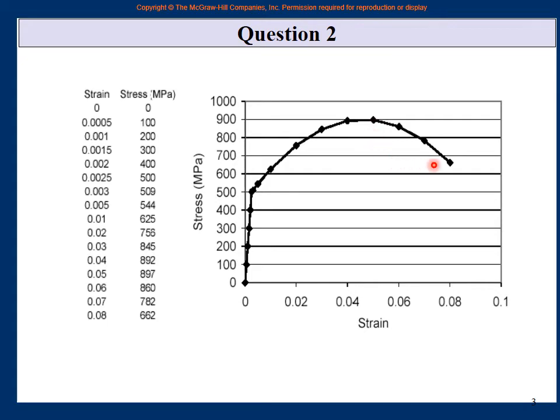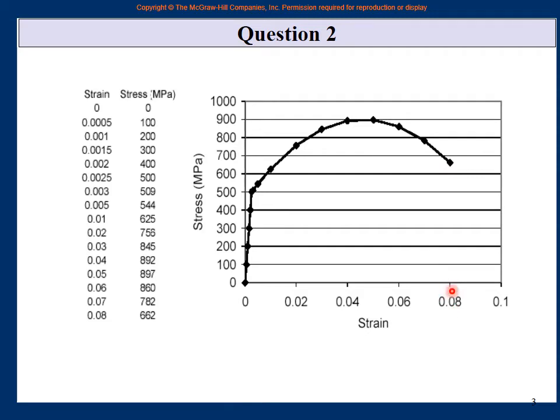Now the fracture point, the point at which fracture happens, you take a horizontal line, and you find the value. Similarly, you drop a vertical line from here and you will see that it cuts exactly at 0.08.